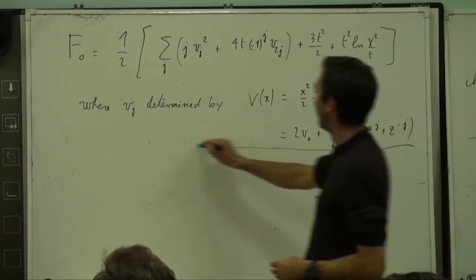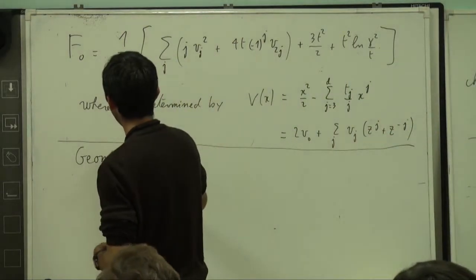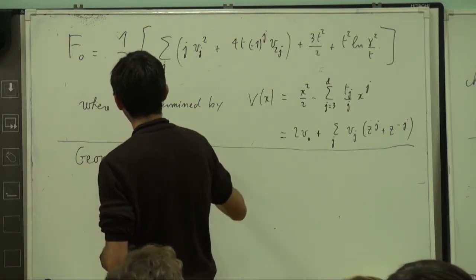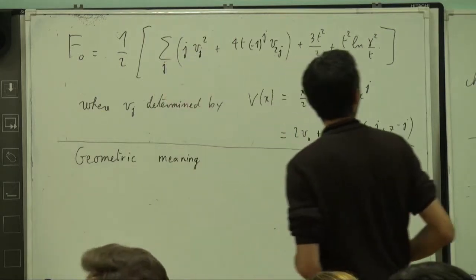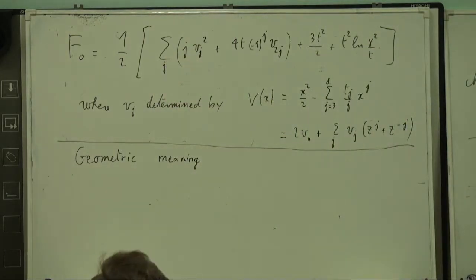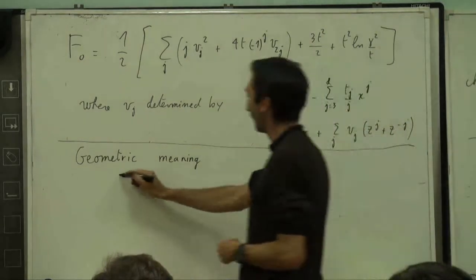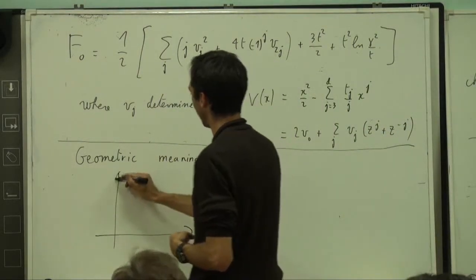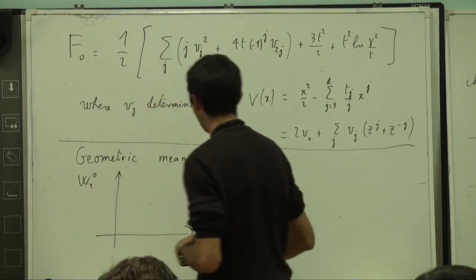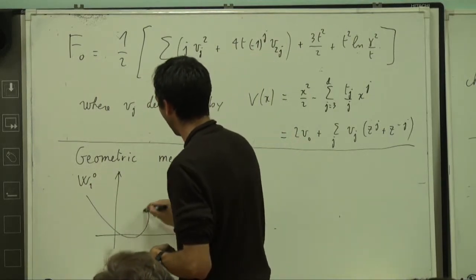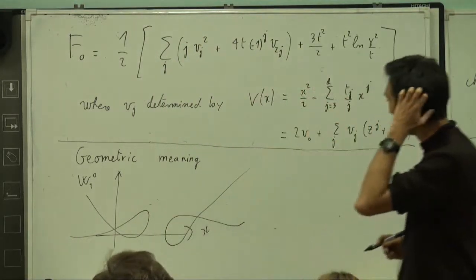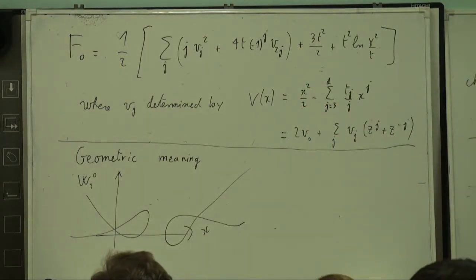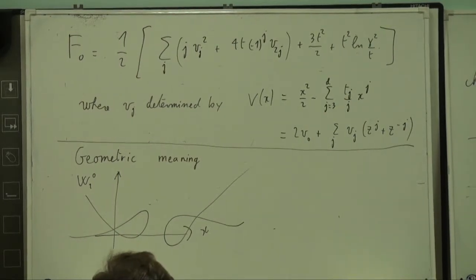So let's plot w10 of x as a function of x. Well, it's a multi-valued function because of the square roots. It's a two-valued function, in fact, here.